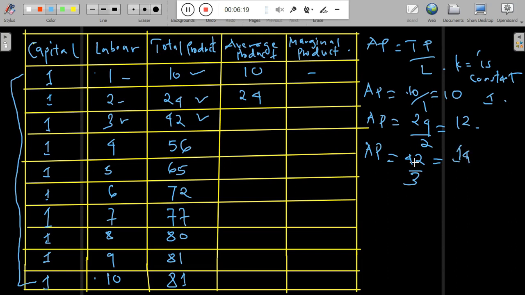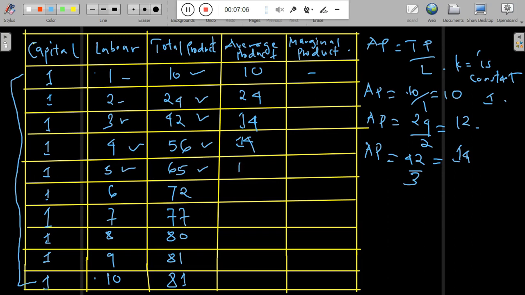The same applies for the next space, where we take 56 divided by 4, the input factor, which equals 14.